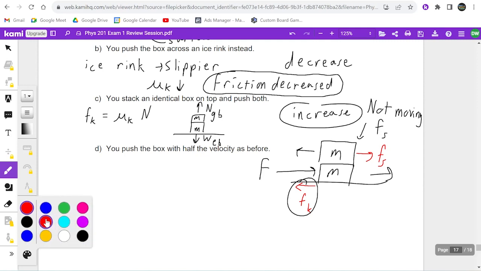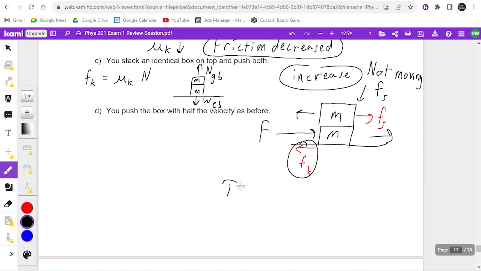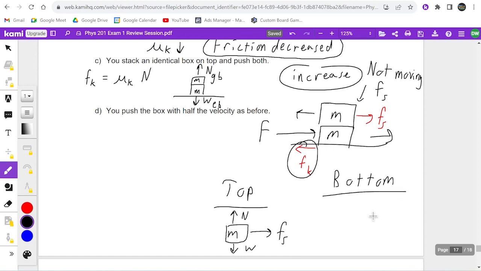Here's what you would do. But that's a good question. So for the top box, I've got gravity pushing down, weight. I've got a normal force pushing up, and I have a static friction pointing to the right, and that's it. The bottom box is actually a mess because it has a lot of forces it has to deal with.